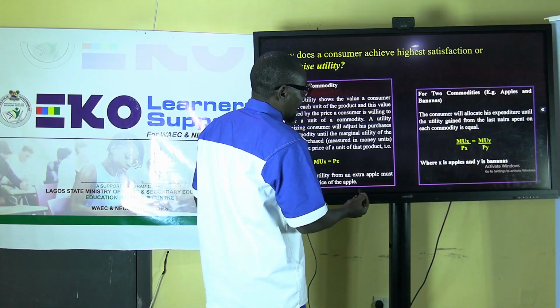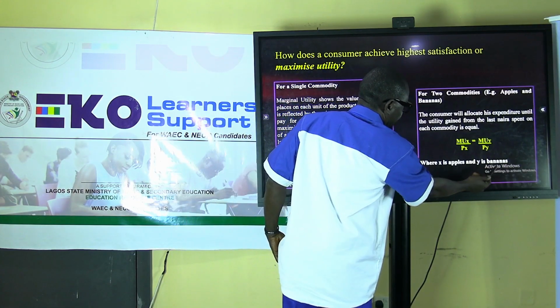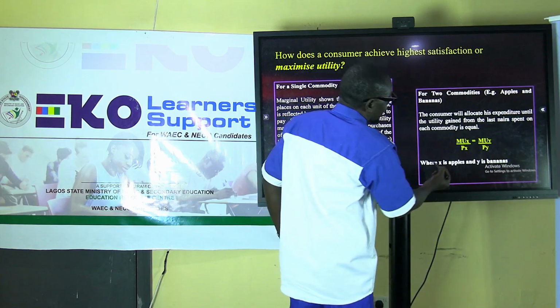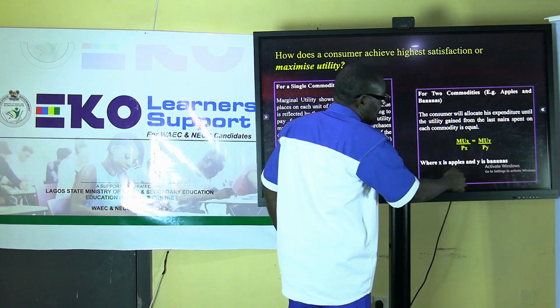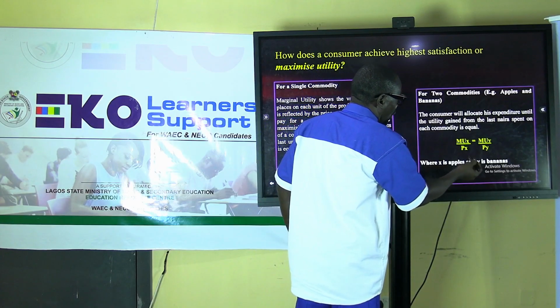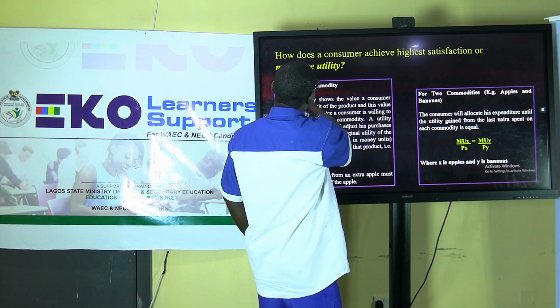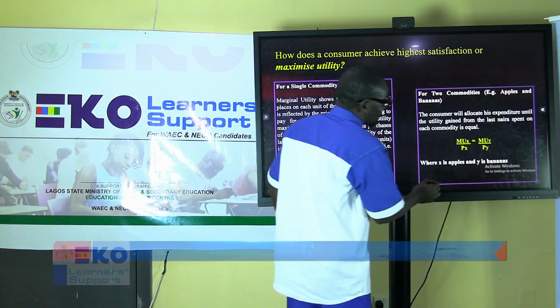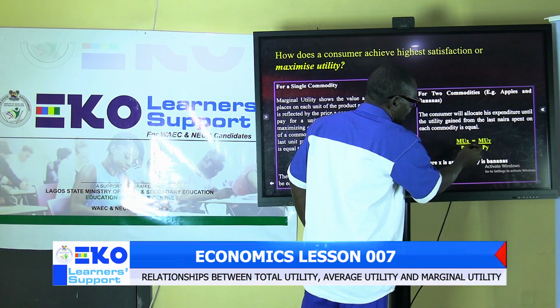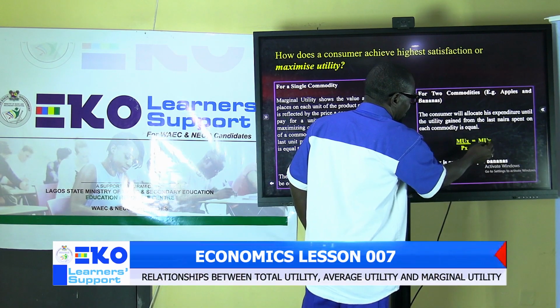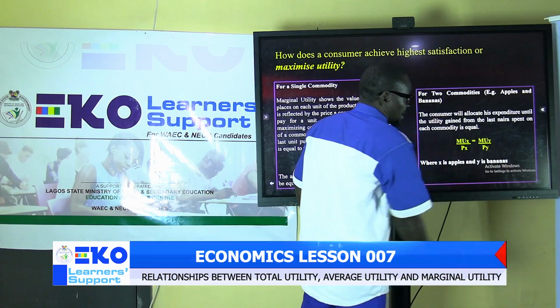So, where we have apples and bananas, for example, this consumer, in the case of these two commodities, will be at equilibrium or will have achieved utility maximization, where the marginal utility of apples divided by the price of apples is equal to the marginal utility of bananas divided by the price of bananas.